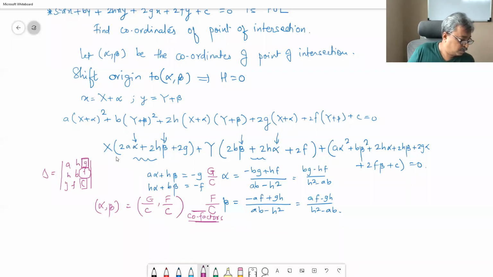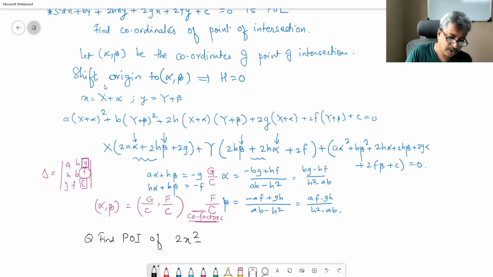Okay, so find the point of intersection of 2x square minus 3xy minus 2y square plus 7x plus y plus 3 is equal to 0.